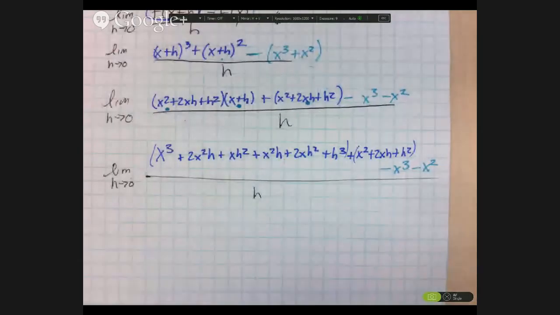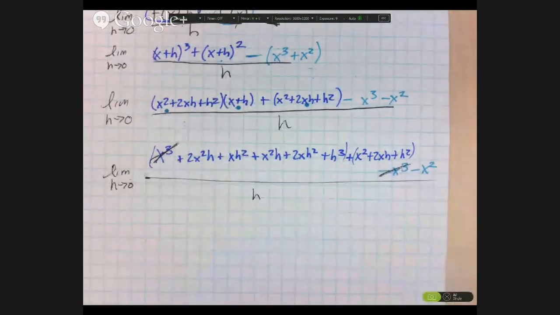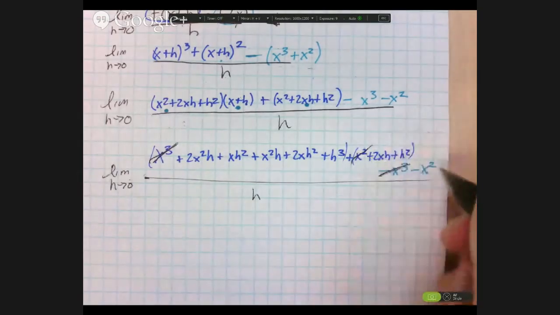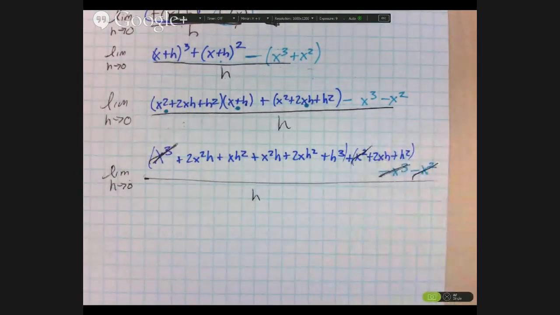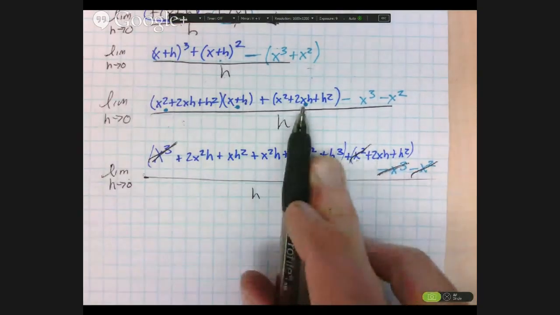Okay, so I have x cubed minus x cubed. I have x squared minus x squared. Right here. It came from that.